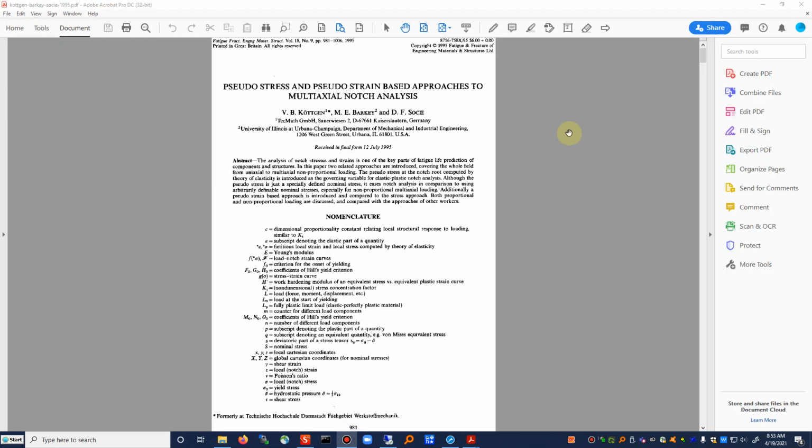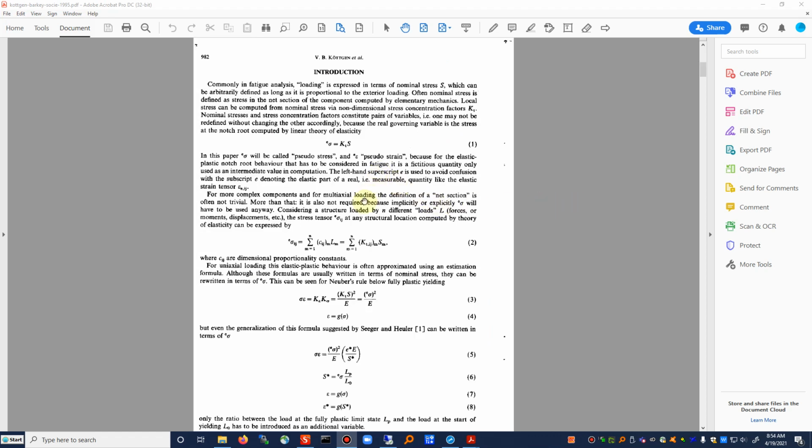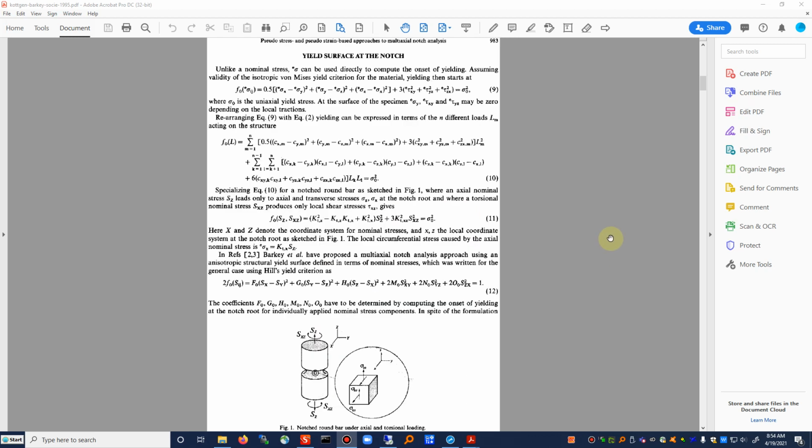And this is the beginning of this paper, Pseudostress and Pseudostrain-based approaches to multiaxial notch analysis. It goes and talks about the influence coefficients times the different load histories. There's a little bit of talk about basic Neuber's rule, and this idea of the structural yield surface that we talked about.